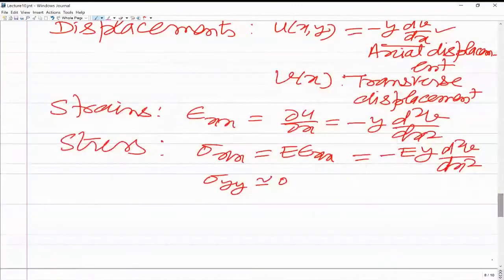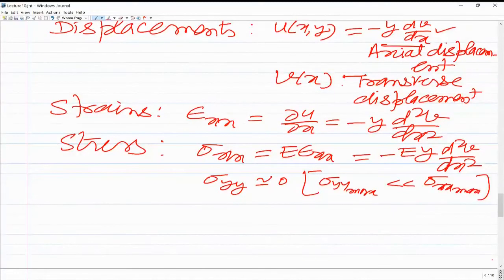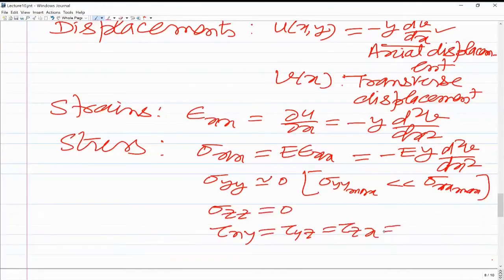The maximum value of sigma yy is much less than the maximum value of sigma xx, so that is why we have this assumption in the beam. Similarly sigma zz is also equal to zero, and tau xy equal to tau yz equal to tau zx. In the Euler-Bernoulli beam theory, all these stresses are zero.